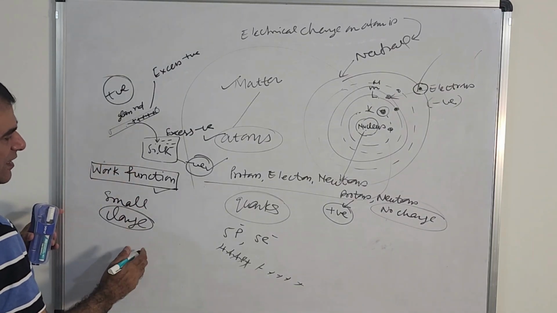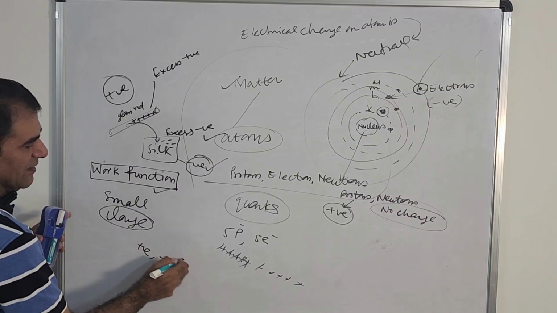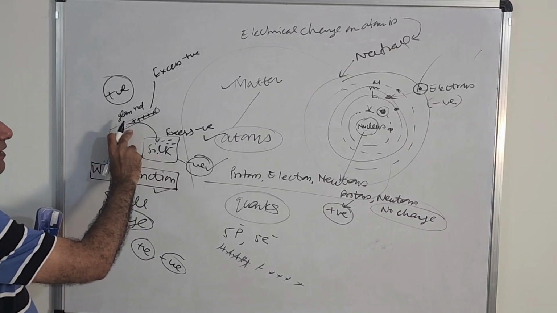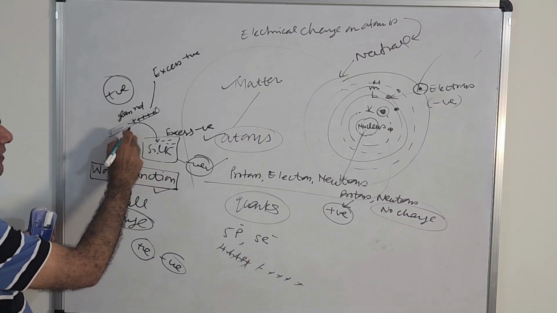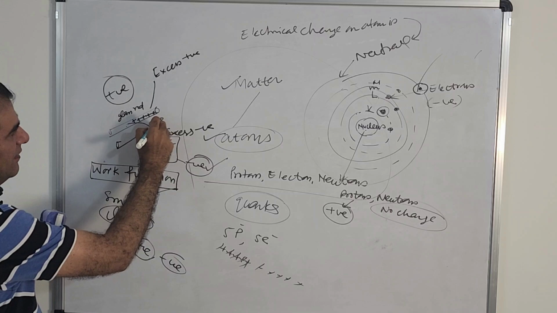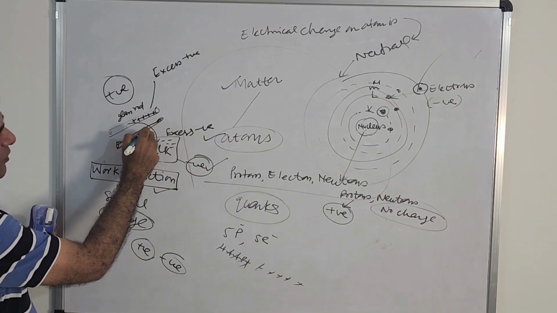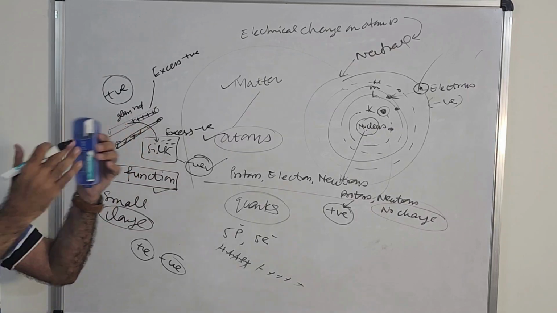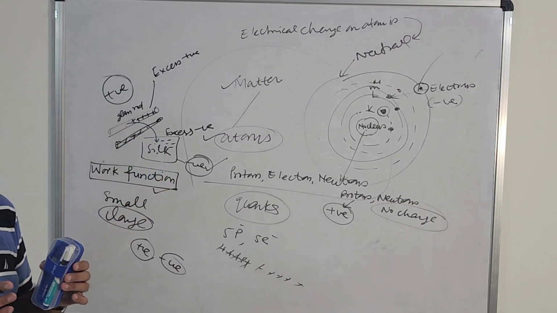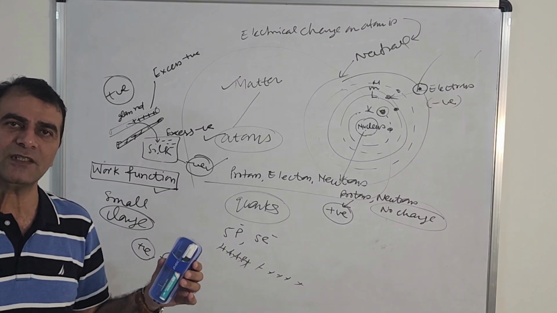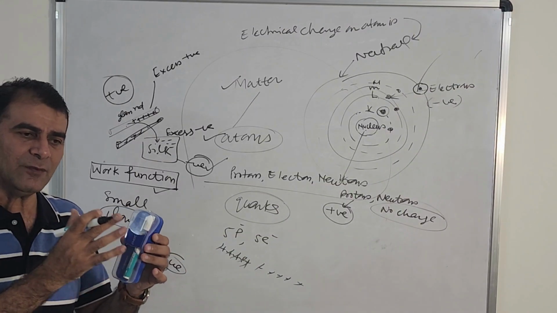Now what happens? There are two types of charges, positive charge and negative charge. When you bring a similar glass rod near it, this glass rod will also have excess positive charge, and positive charges repel each other. This is a fundamental law of electrostatics.